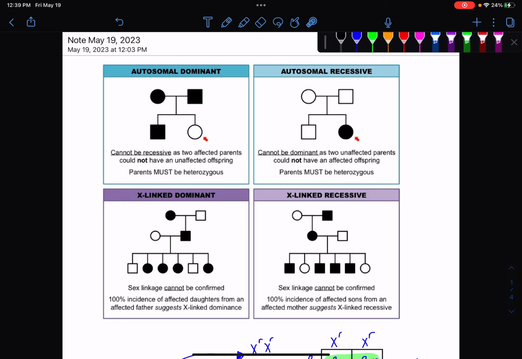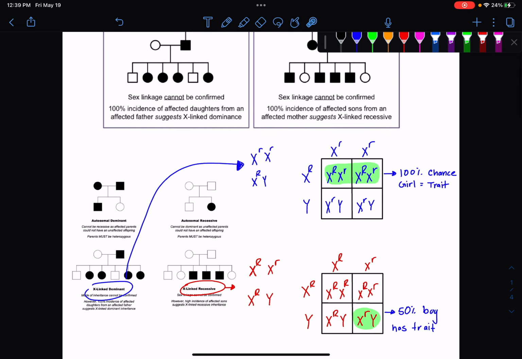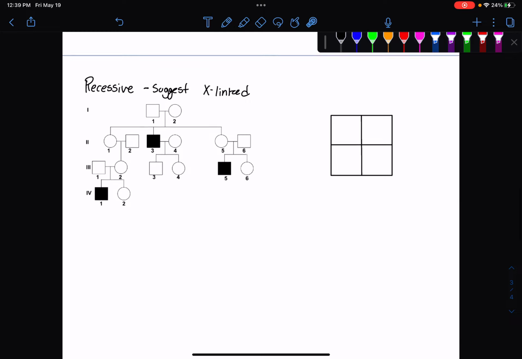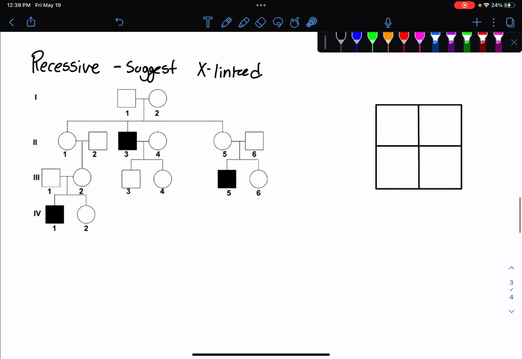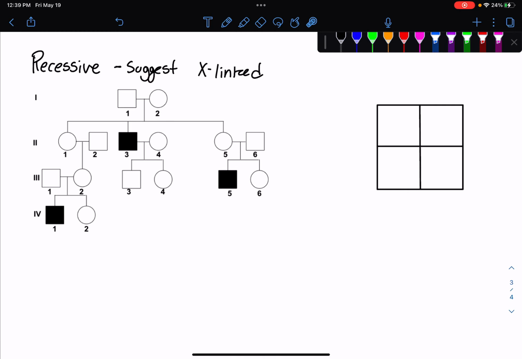That is key to recessive, if there's a skip in generation. What that means is, I'll scroll down a little bit just so we can show an example. For recessive, if you have unaffected parents and they produce an affected child, that's a skip generation.